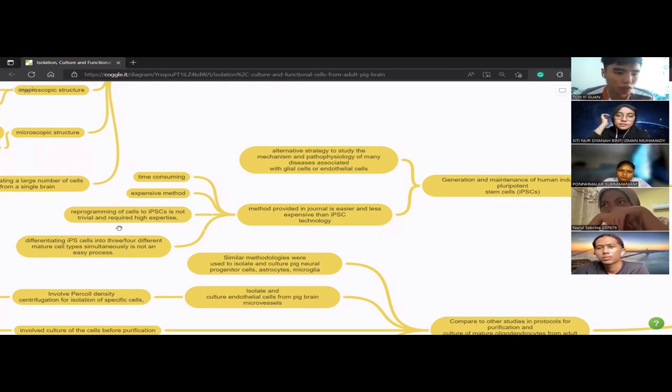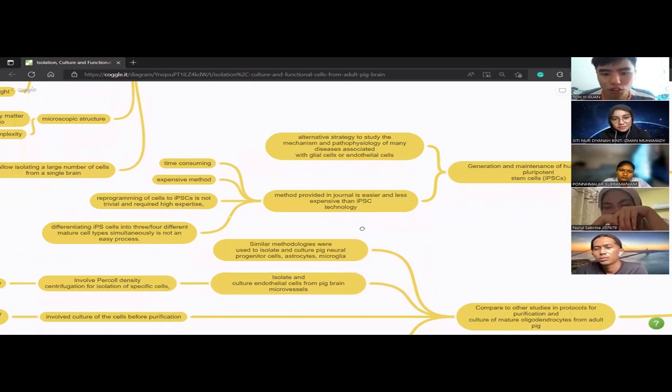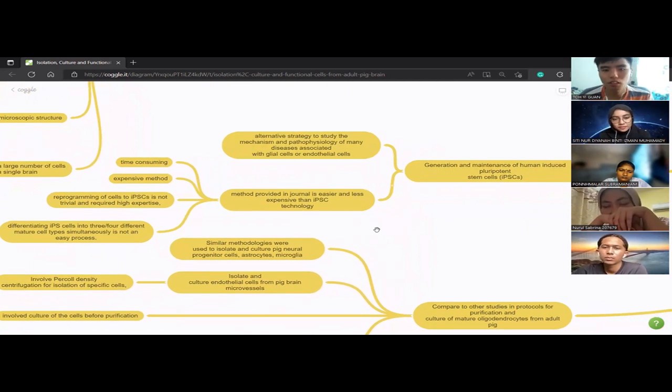And then differentiating iPS cells into 3 or 4 different mature cell types simultaneously is not an easy process. So this journal states that the method provided in the journal is easier than this technology.